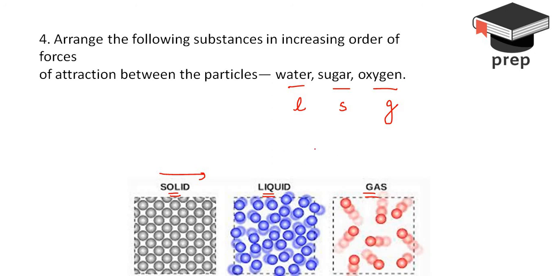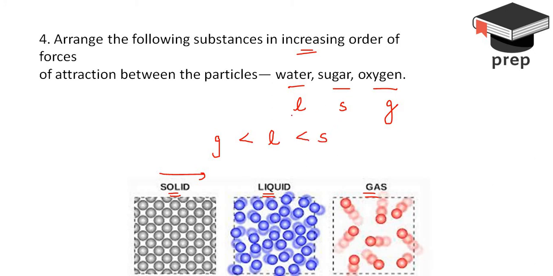If you try to arrange the given three substances in this particular order, they are asking for the increasing order. That means we have to arrange them from the least to the maximum. So the least one has to be the gas, then it has to be the liquid, and finally it has to be the solid.